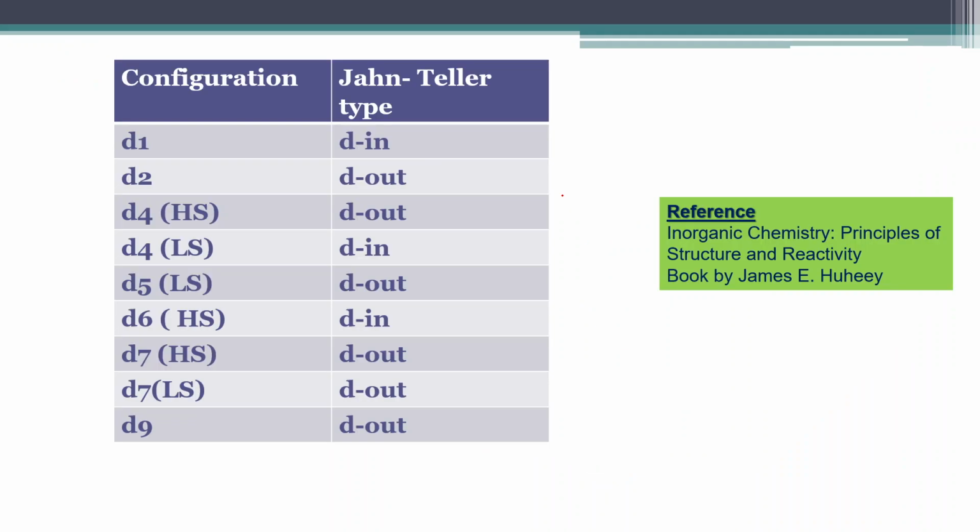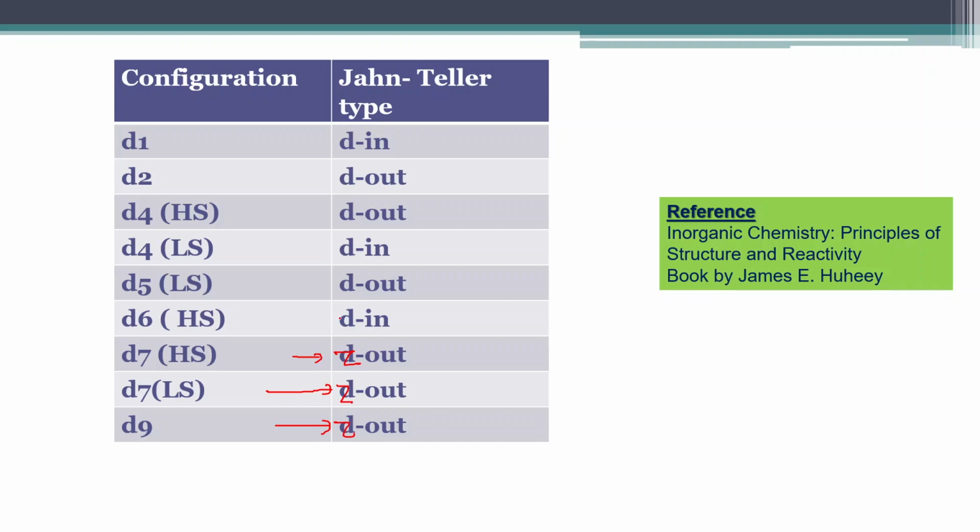So remember the splitting: dxy has the lowest energy, then dxz, dyz, then dx square minus y square, then dz square. When we look deeper into the textbook Inorganic Chemistry: Principles of Structure and Reactivity by James Huheey, we can see the types of distortion arranged so that d9 configurations and d7 high spin and low spin have Z out distortion.